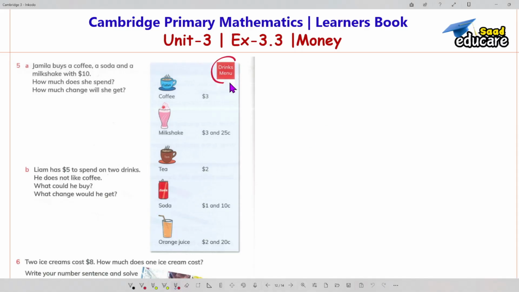Here is a drink menu, and Jamila buys a coffee, a soda and a milkshake with $10. It means Jamila has $10, right? So this is number 5A.